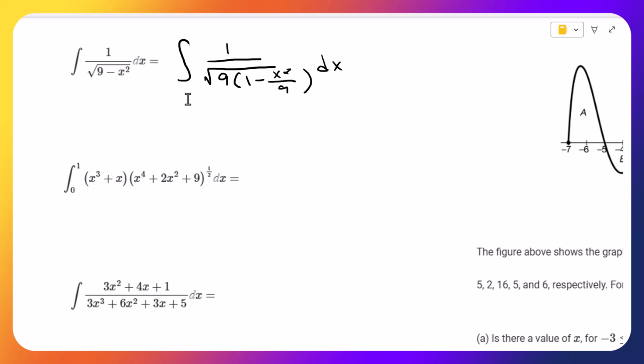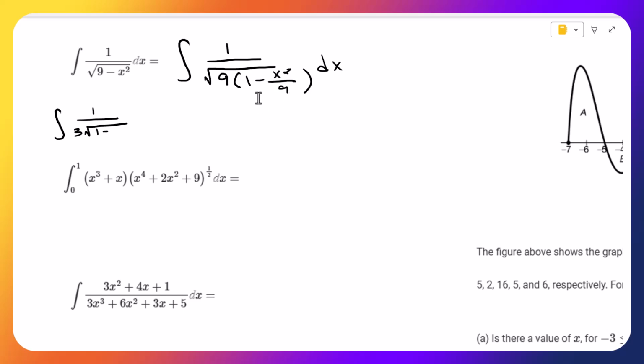So I'm going to get the integral of 1 over 3 square root of 1 minus. And then I can rearrange this a little bit, and why I'm doing this hopefully becomes clear in a second. I want to simplify this and make it look cleaner.